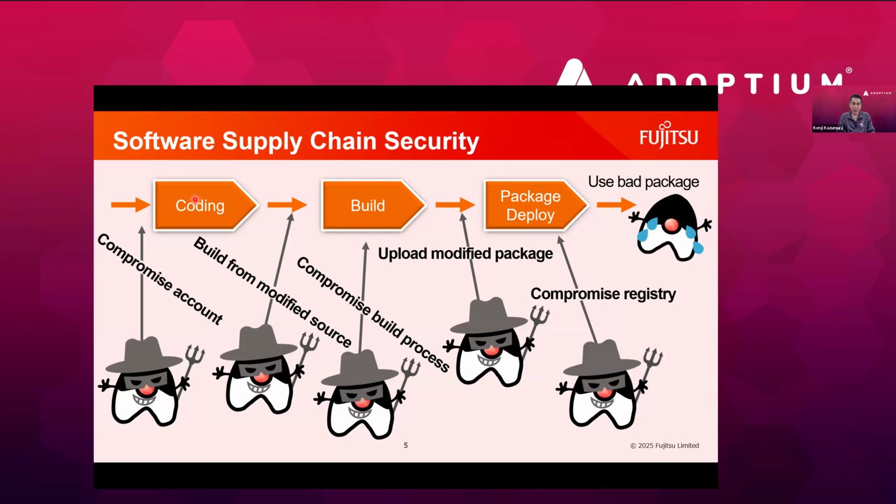As you can see, a security threat can emerge at any step of the development process, like coding, building, packaging, and so on. Because of that, in the worst case, bad packages which include malicious code are spread in the world. So we need to do something to protect our chains.